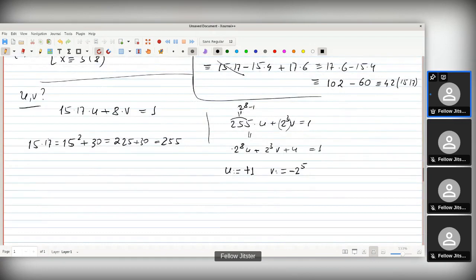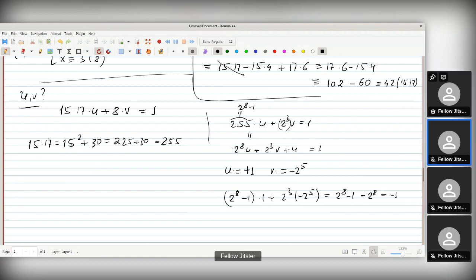So what will the result be? 2 to the power 8 minus 1 multiplied by 1 plus 2 to the power 3 multiplied by minus 2 to the power 5. What is it? Minus 2. No. It is -1.